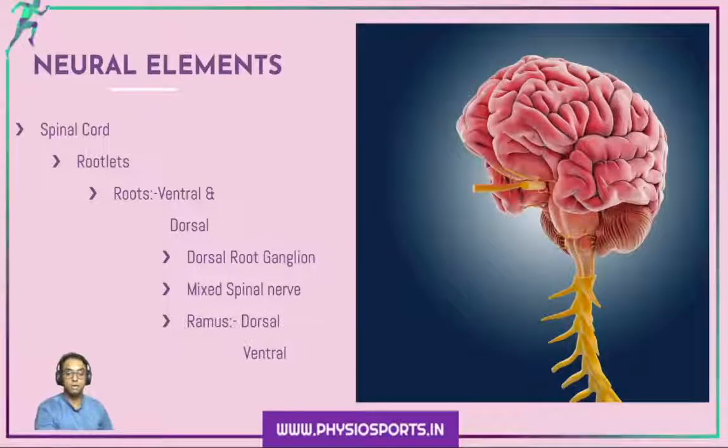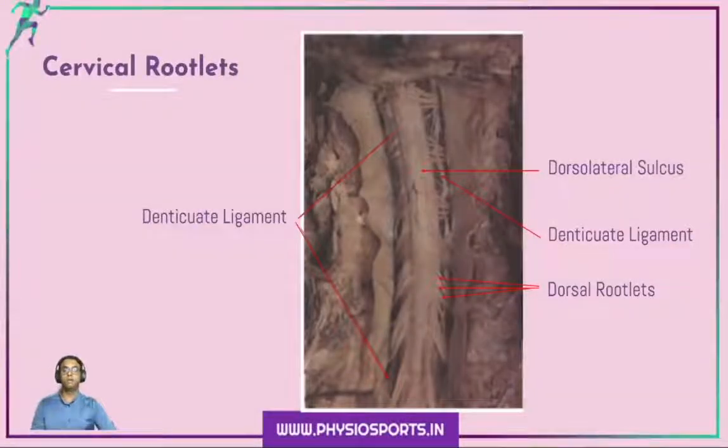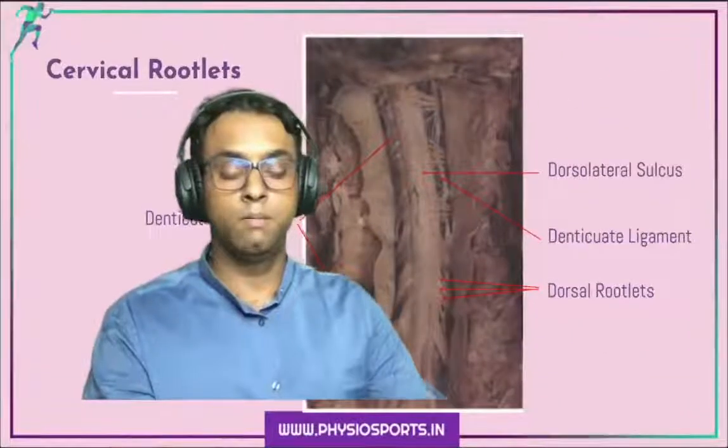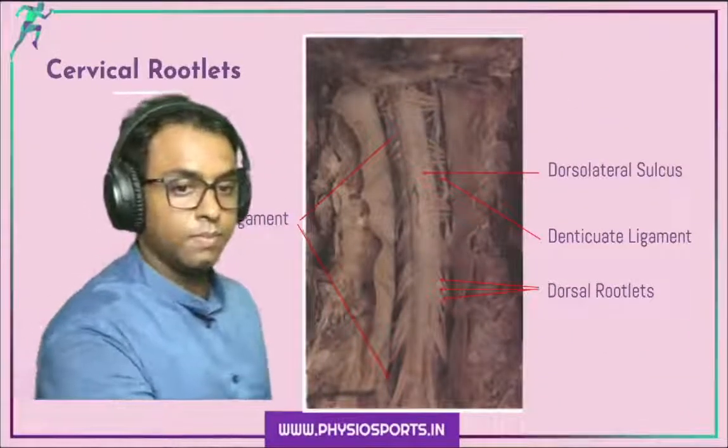Now, especially on the dorsal side of the mixed spinal nerve, in the dorsal ramus, there is the dorsal root ganglion. The rootlets include dorsal and ventral rootlets, which are separated by denticulate ligaments. On your screen over here, please pay kind attention.